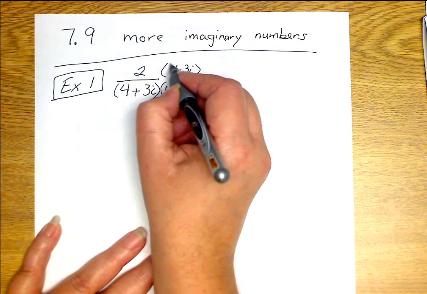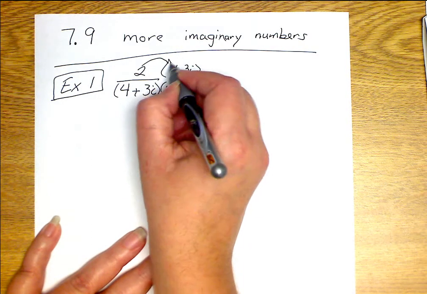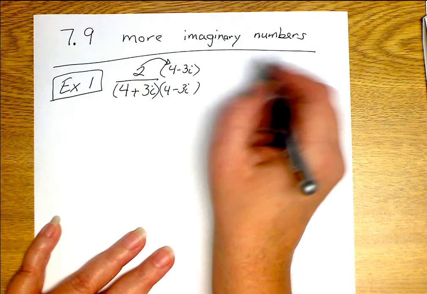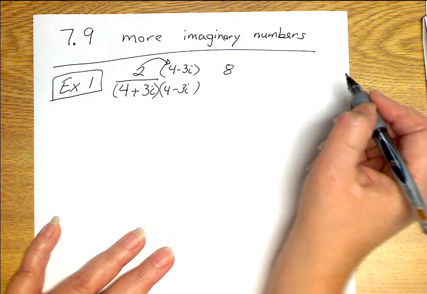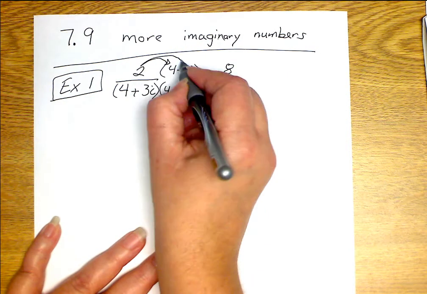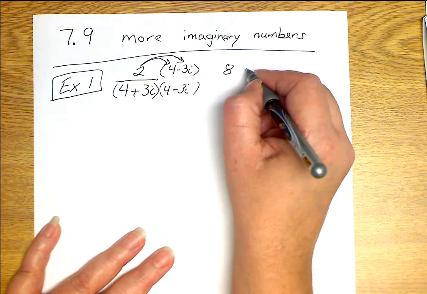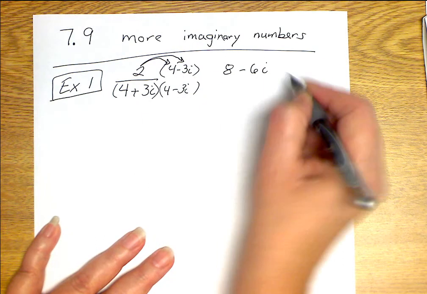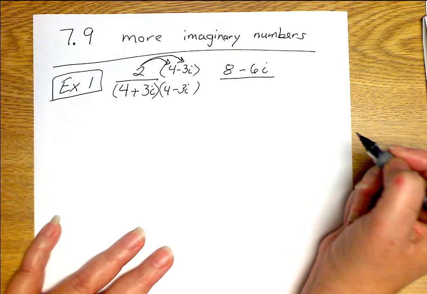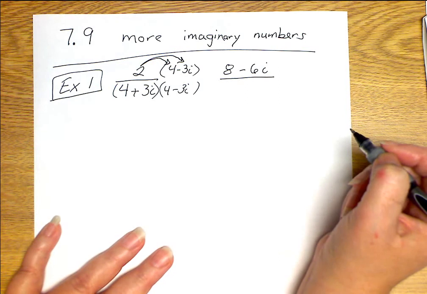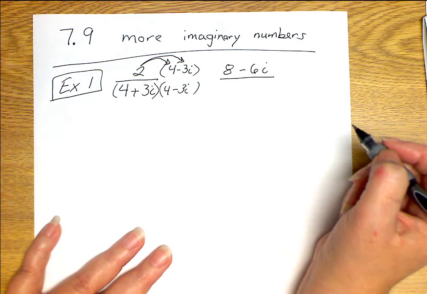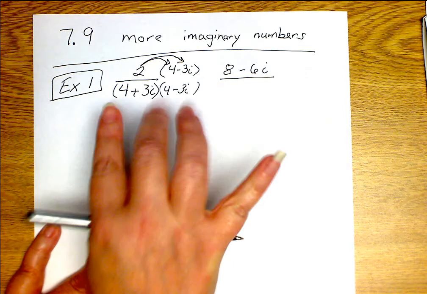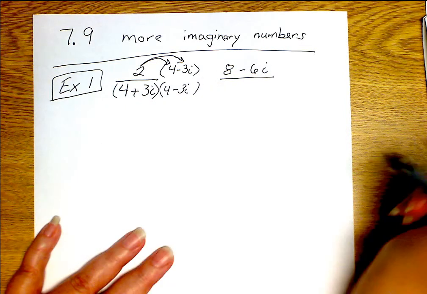So we have 2 times 4 is 8. 2 times negative 3i is negative 6i. On the bottom, ladies and gentlemen, you can FOIL: first, outer, inner, last. But does anybody remember what happens to the middle two when you have the conjugate?